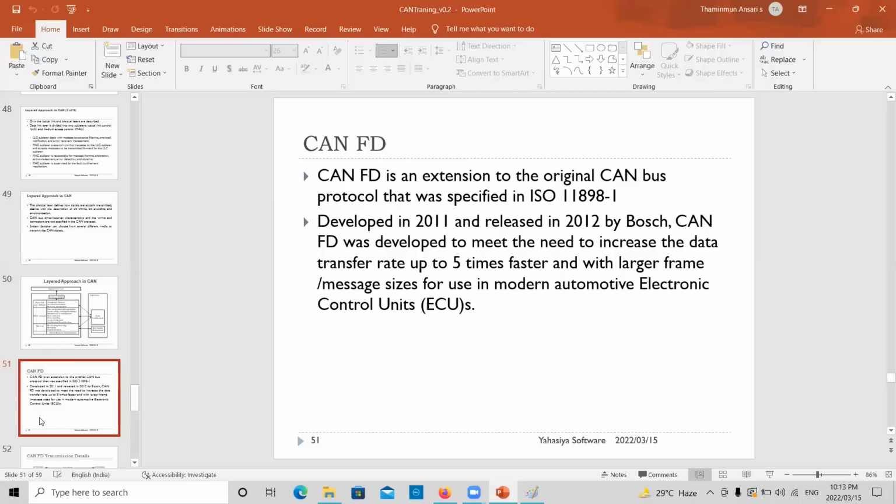It was developed in 2011 and released in 2012 by Bosch. CAN FD has 5 times more capacity than our standard CAN. You can transmit up to 64 bytes, nearly 4096 bits, in a single frame. That is the advantage that we have.